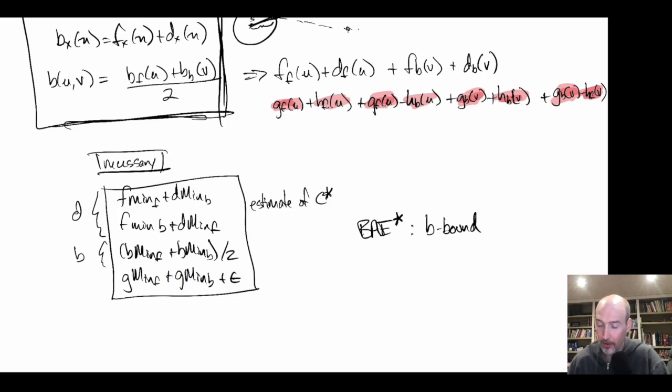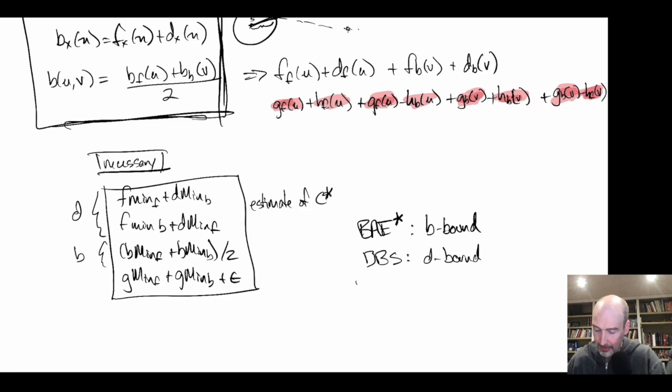So BAE star takes states, compares them, or adds the B bounds to them, and it searches using those. There's an algorithm DBS, which uses the D bound. That's the error bound, this one.